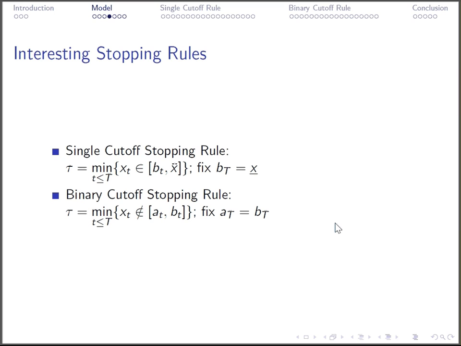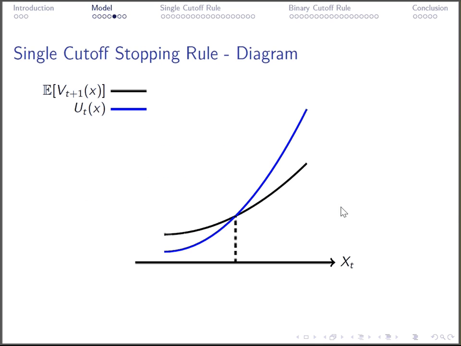And the idea of the single cutoff stopping rule is basically the agent will stop after he gets above some threshold. And the binary cutoff one is the same. So if the agent gets outside of these two thresholds, the boundaries, then he or she stops. If it's inside, then he continues.